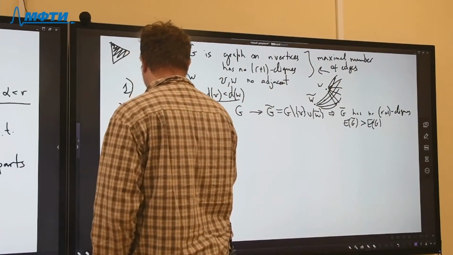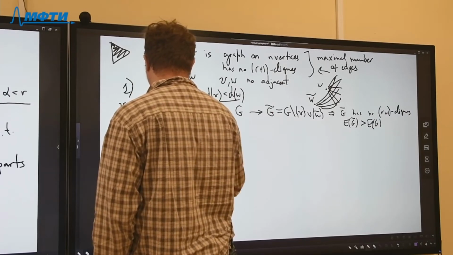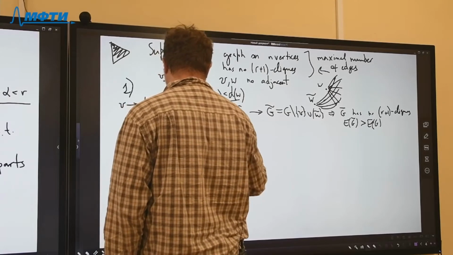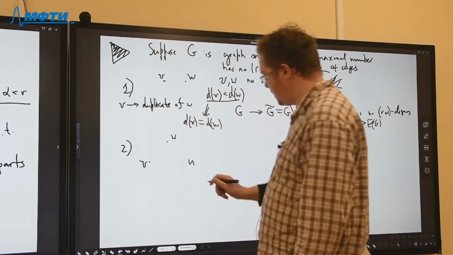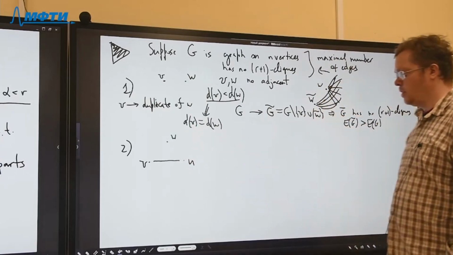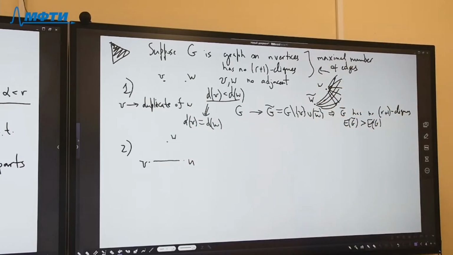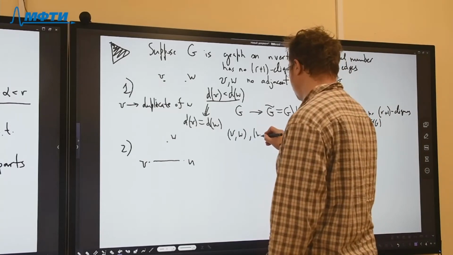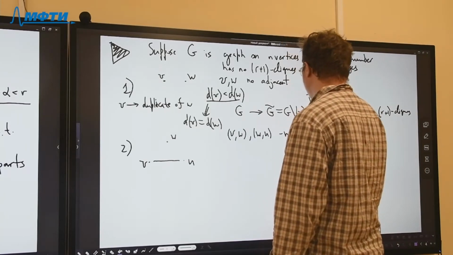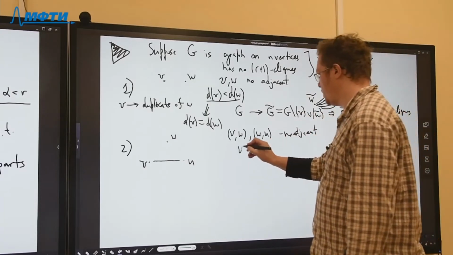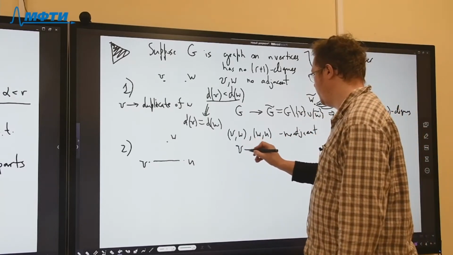Suppose we have three vertices V, W, and U, such that V and U have an edge between them, and V, W and W, U are non-adjacent. So we have two pairs of vertices without edges, and we have an edge between V and U.